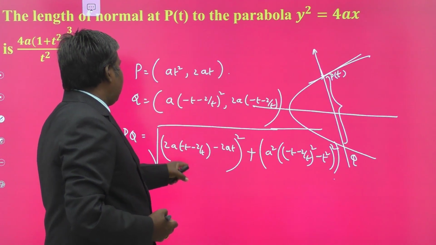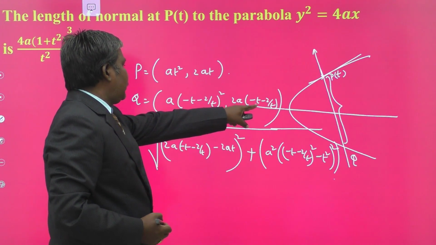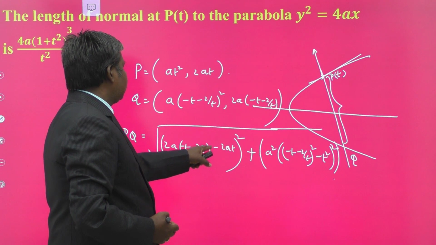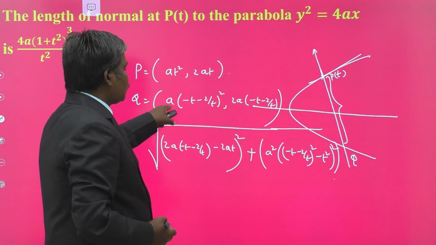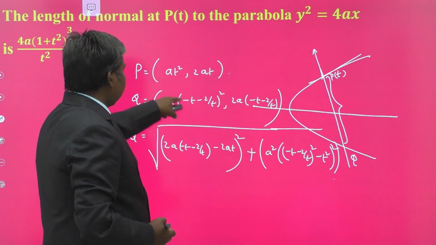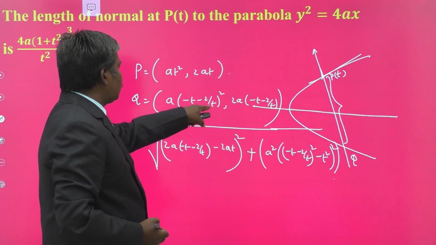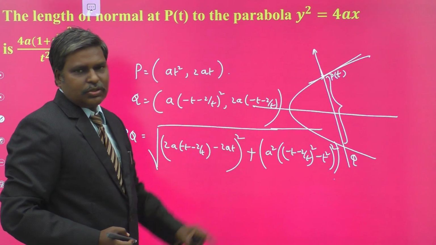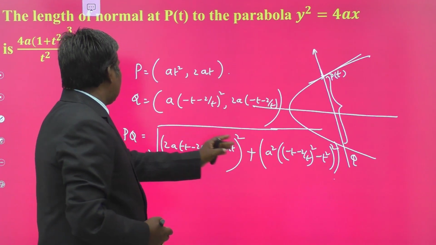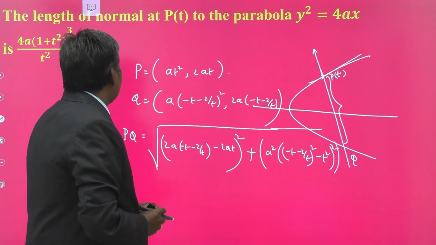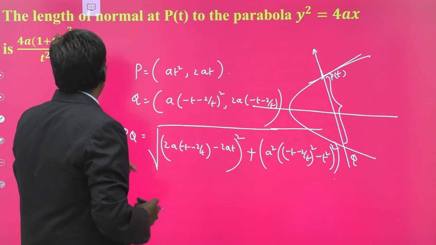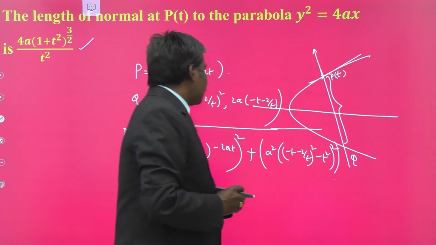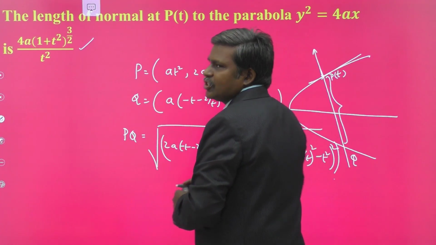So pq is the square root of (2a into (minus t minus 2 by t) minus 2at) whole square plus a square into ((minus t minus 2 by t) whole square minus t square) whole square. This is the distance between the 2 points p and q. On simplifying this one, what we obtain? 4a into (1 plus t square) whole to the power of 3 by 2 by t square.